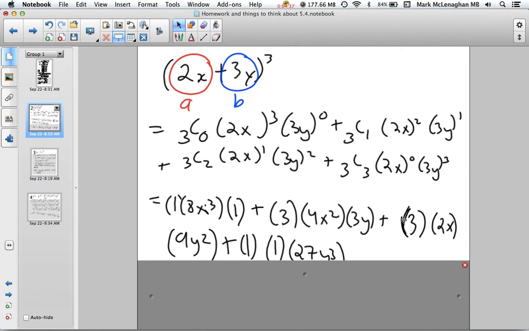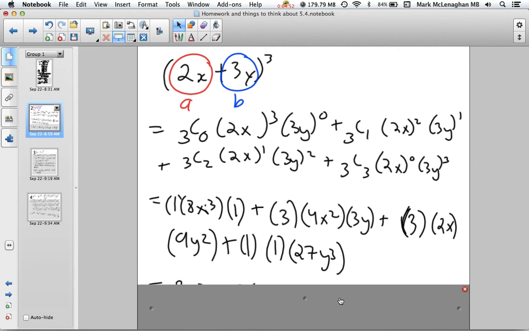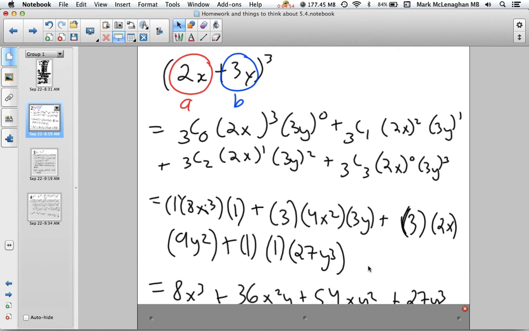So this here is carried on to this. So you get 3 times 2x times 9y squared, and then 1 times 1 times 27y cubed, which is 3y all cubed. And we simplify that, and we get that.